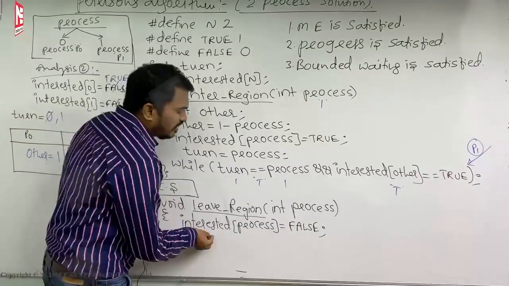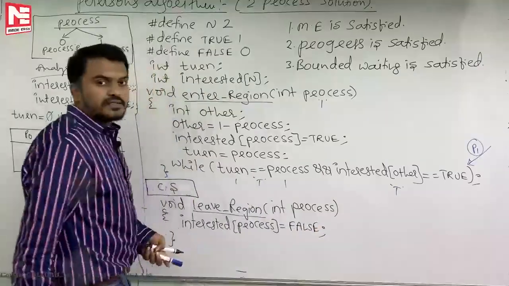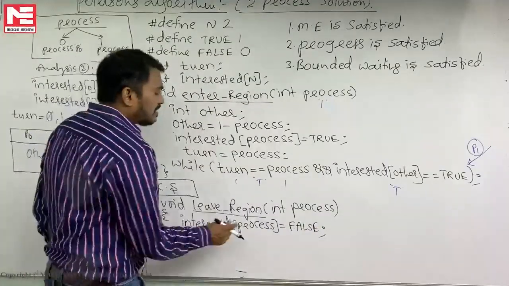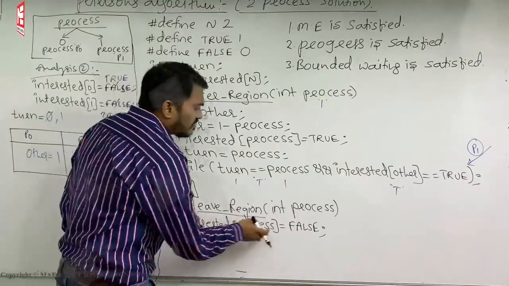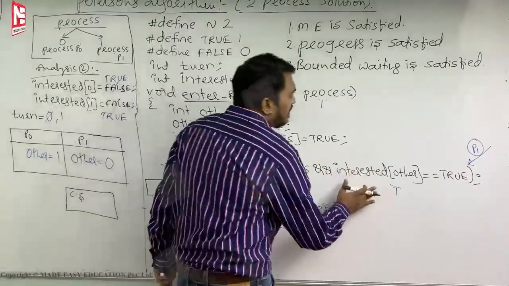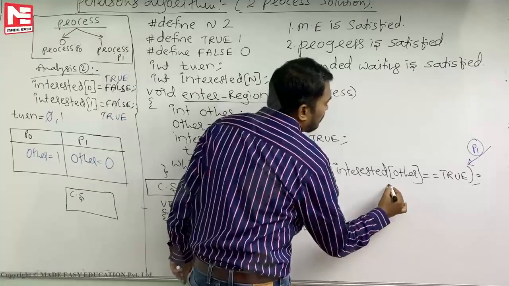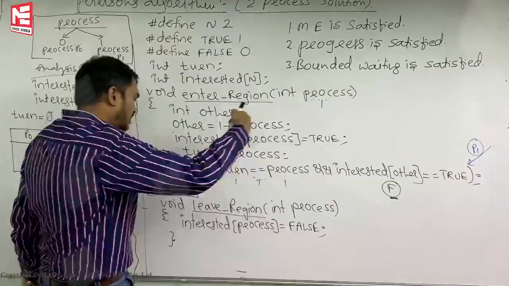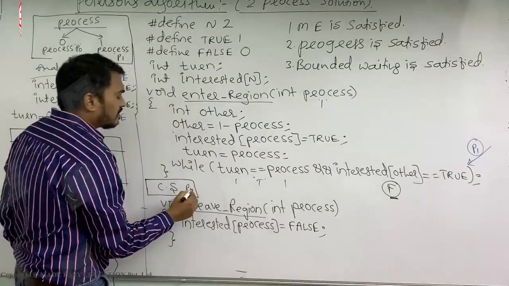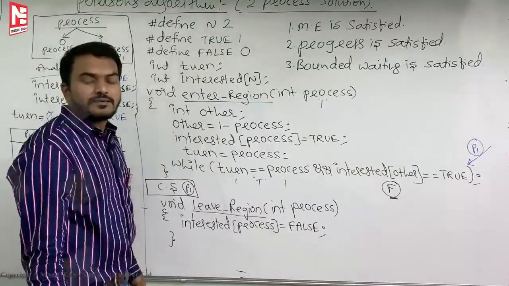It will execute interest of process equal to false. Whenever the P0 says the interest of process equal to false, immediately this condition becomes false for the P1 and P1 will enter into critical section. So next पक्का P1 आएगा CS में.